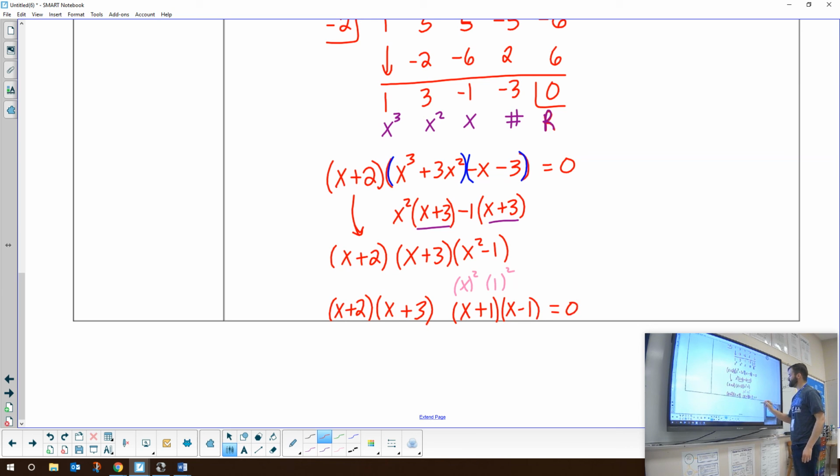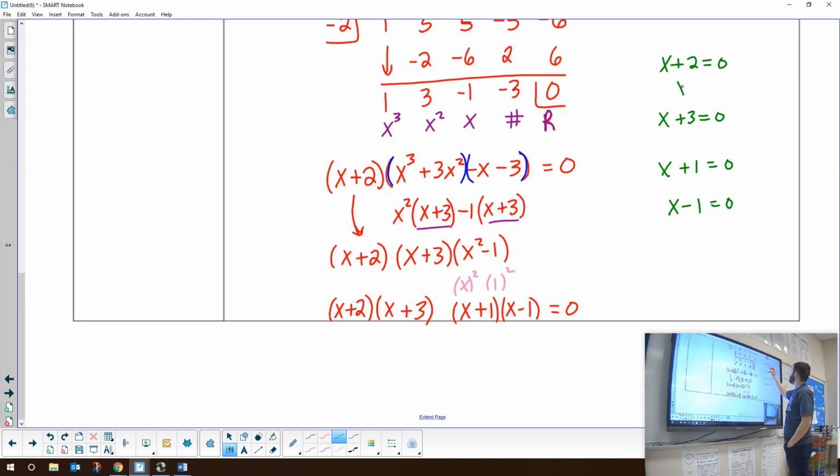These are still going to be set equal to 0, so we can still solve this. We can set each one of these equal to 0 and get my final solutions. We can go x plus 2 equals 0, x plus 3 equals 0, x plus 1 equals 0, and x minus 1 equals 0.